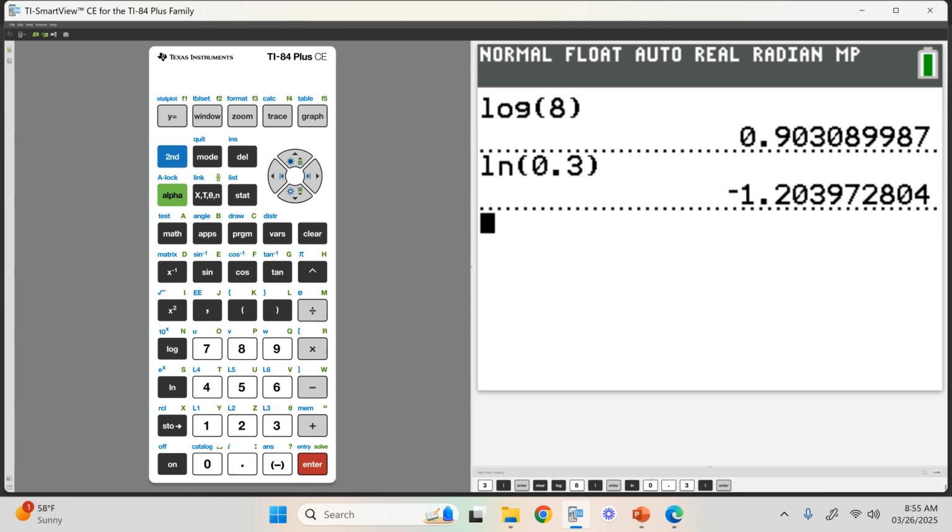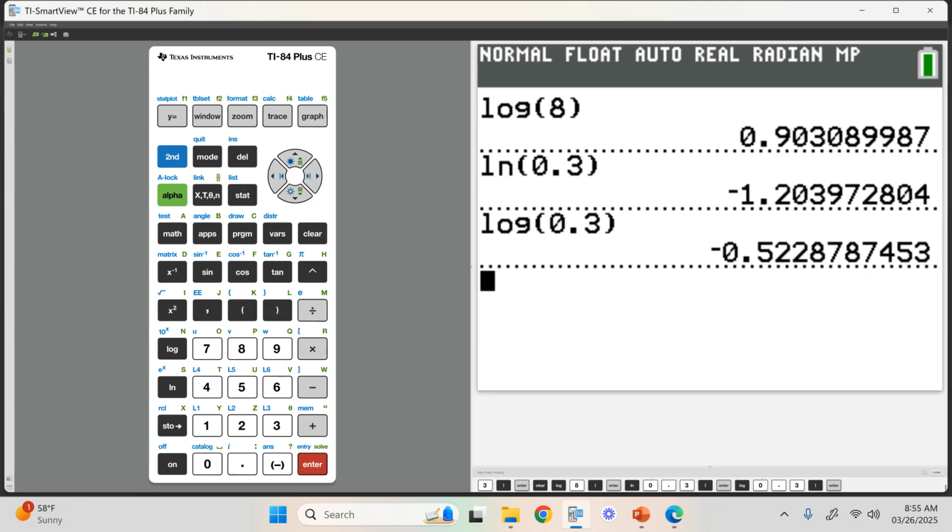Do you think log of 0.3 is the same thing or different? It's different. So does it matter which ones you push? Yes. So natural log of 0.3 is negative 1.204. You try the next two.